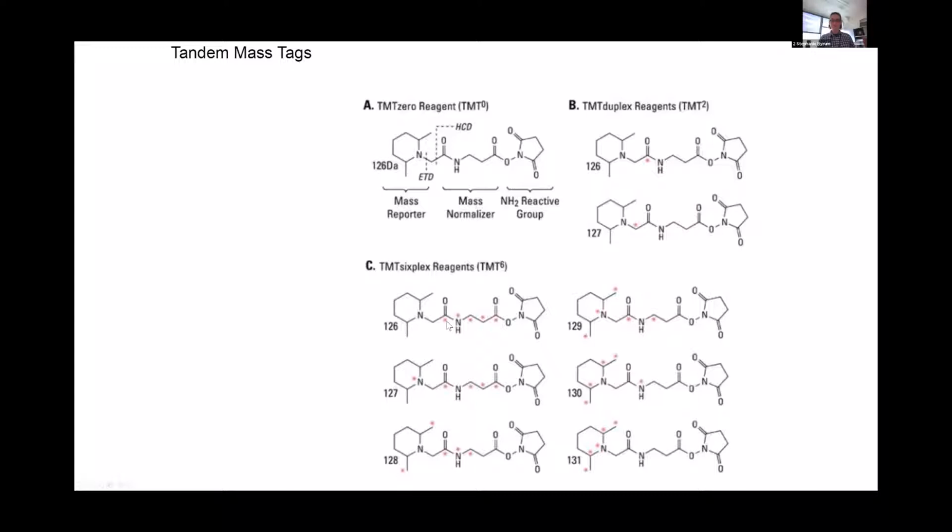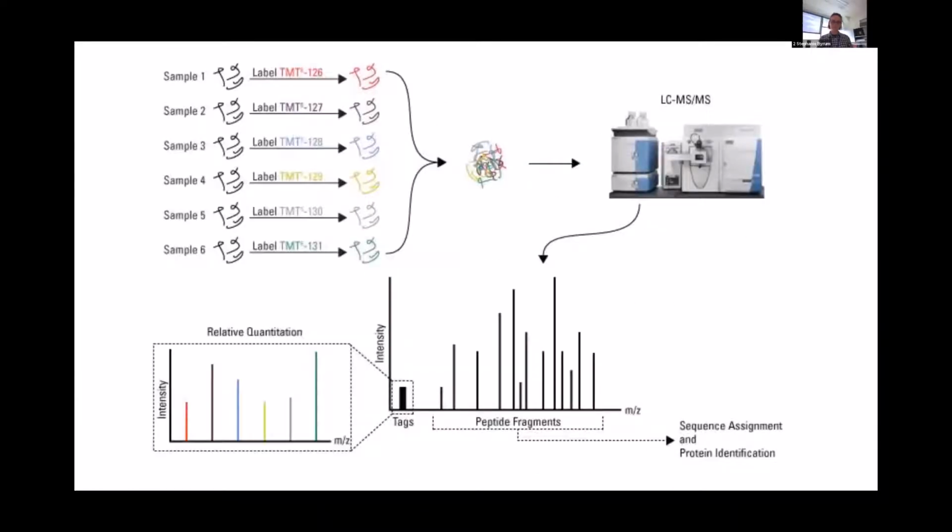You have a charge either on the mass normalizer section of this tag, and then you move a charge over to increase the molecular weight by 1 for each of those tags and separate them out. So it's based on the mass-to-charge values in order to get a separation of those intensities. Each of those will have their peaks in the MS3 scan. Hopefully that was helpful. If not, we'll answer more questions in the Slack.